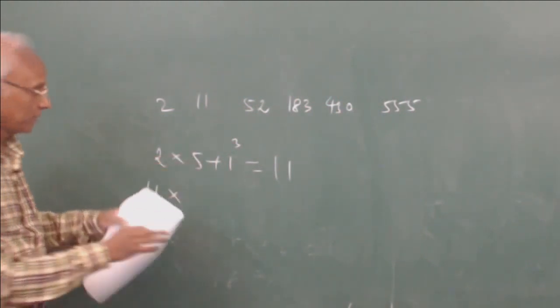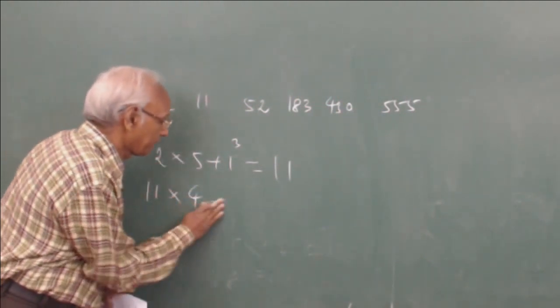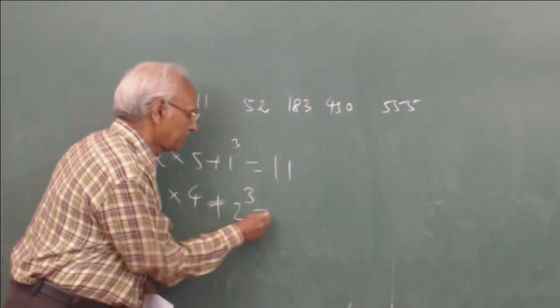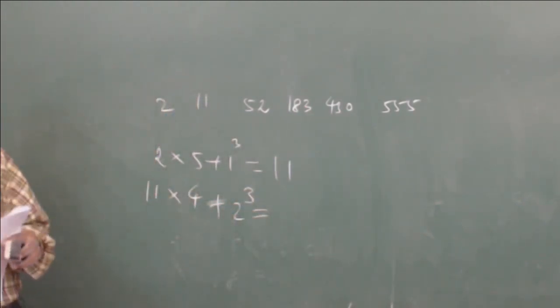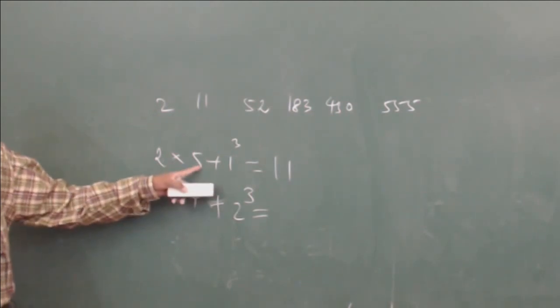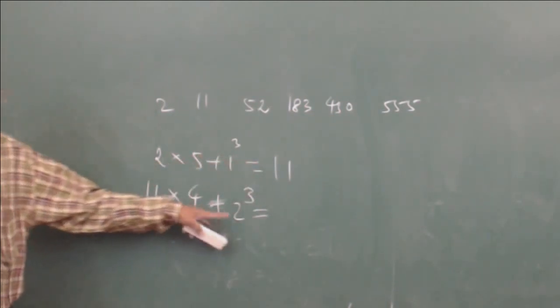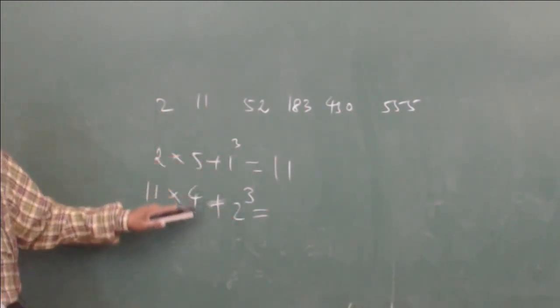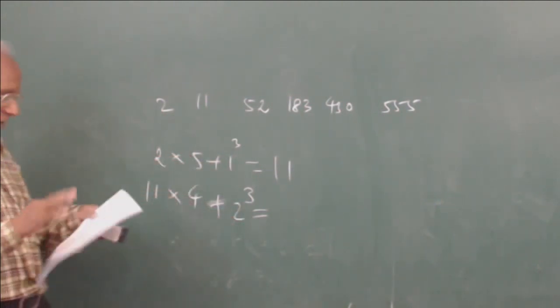This is 5, in decreasing order, 11 into 4, but this is increasing. So you can see a double trick is used. 2 into 5 plus 1 cubed, 11 into 4 plus 2 cubed. This is increasing, 1 cubed, 2 cubed, 3 cubed. Here 5, 4, 3, 2, 1, it will go like this. So that is why it is adjusted.